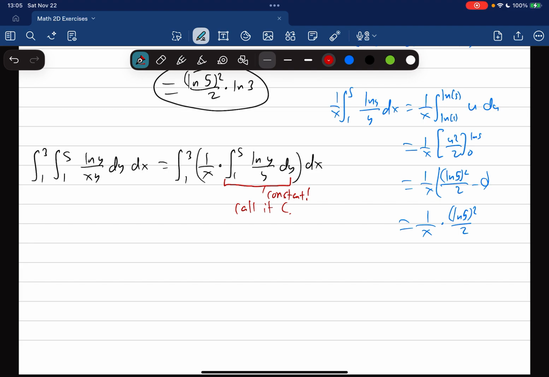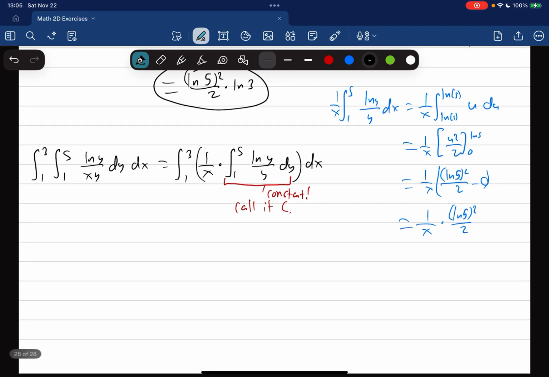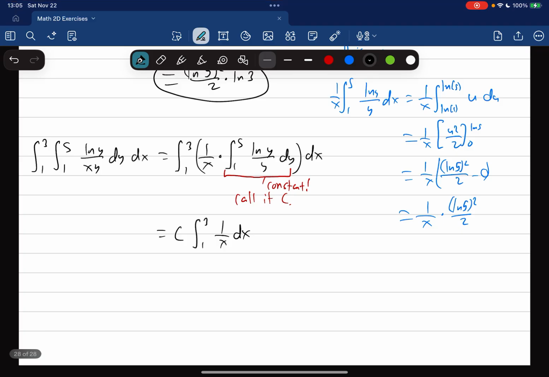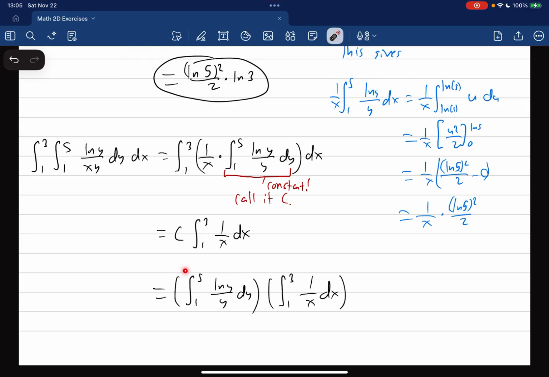Then because it's a constant, we can just pull it out from our double integral. This is going to be c times the integral from 1 to 3 of 1 over x dx. And if we just plug in that constant back, we get the integral from 1 to 5 of ln y over y dy times the integral from 1 to 3 of 1 over x dx. And if we work out these integrals separately, we get exactly the same answer we did before.